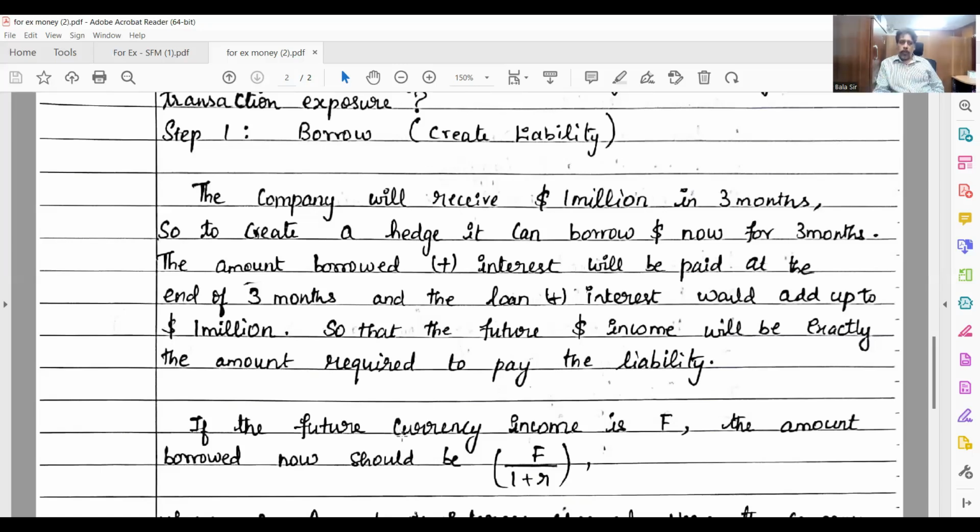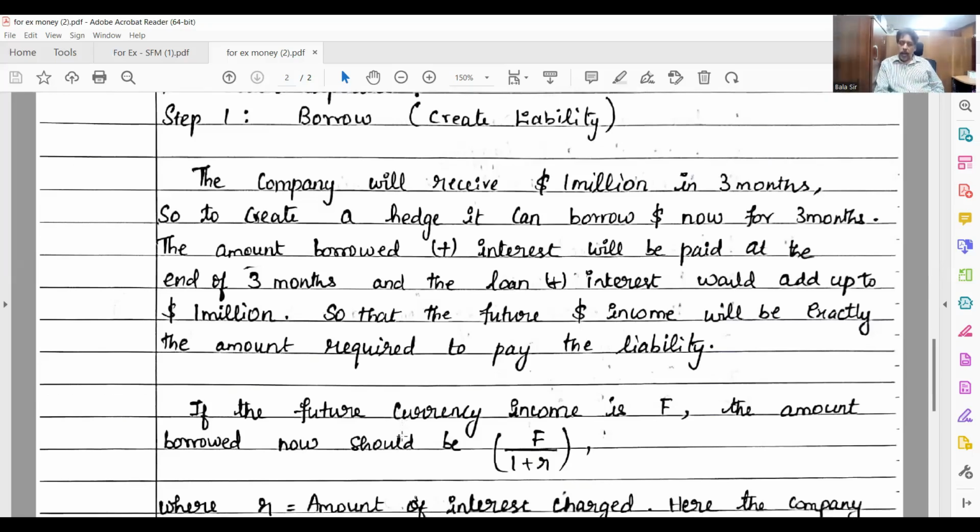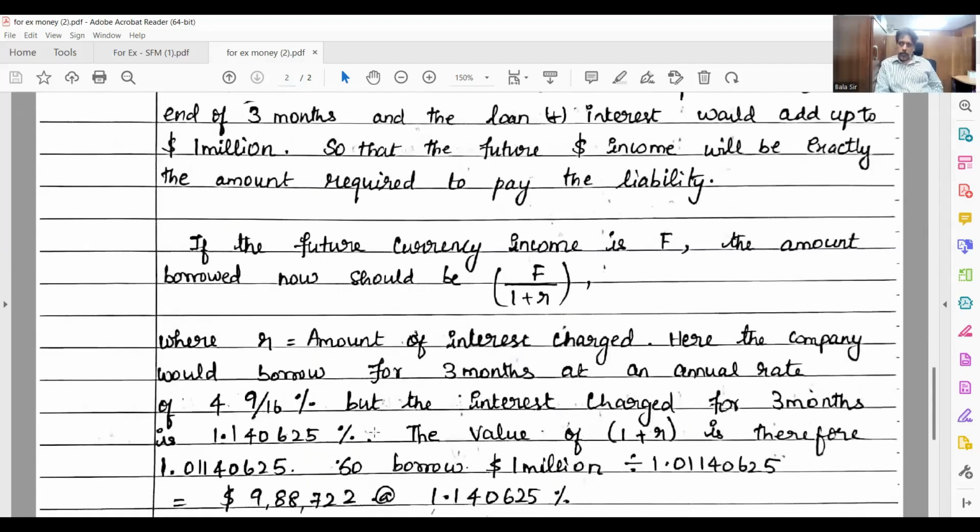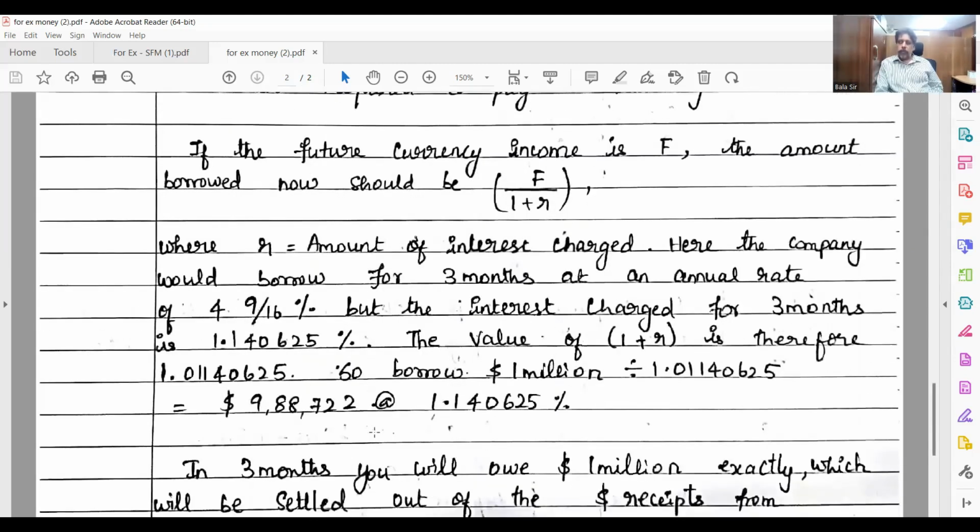You saw the future dollar income is nothing but the receipt. Now once you receive that $1 million from your customer, that money can be used to repay the loan with interest. Next. If the future income is F, the amount borrowed now should be F divided by 1 plus R. Basically, finding out the present value of $1 million.